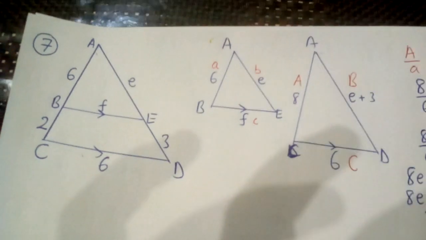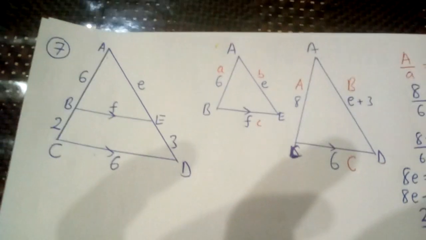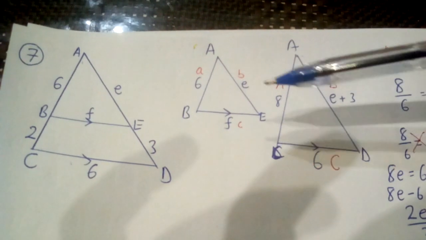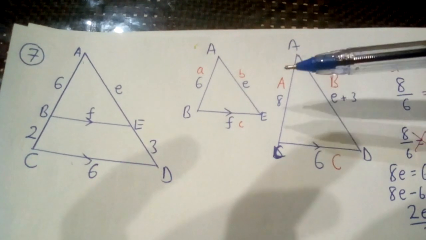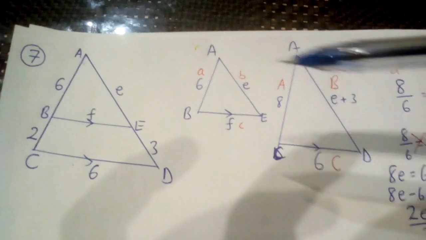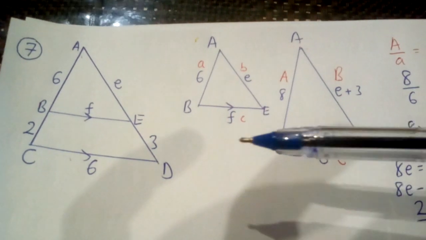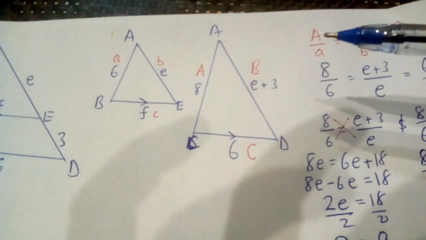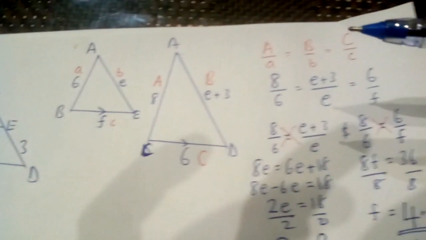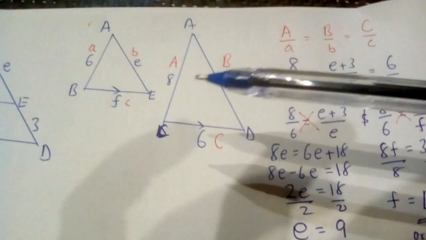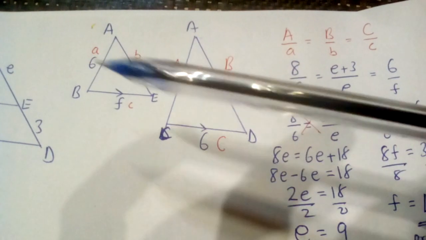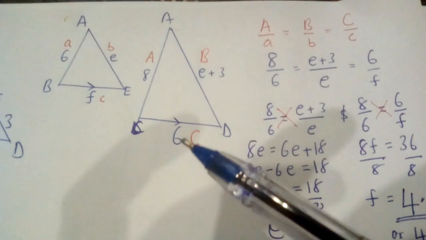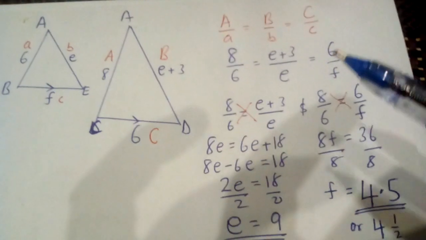Now, because this is related by parallel sides, you will realize that the side this way is proportional to the corresponding side on the same side, marked B and B. And this side here, marked A, is proportional to the other side marked A. And finally, side C with C. After identifying the proportional sides using parallel, we keep the ratios of the sides: side A over A, side B over B, and side C over C. Side A over A, we keep the value for A over the value for A. Side B over B, we keep the value for B over the value for B. And finally, side C, we keep the value for big C over the value for big A, as shown there.